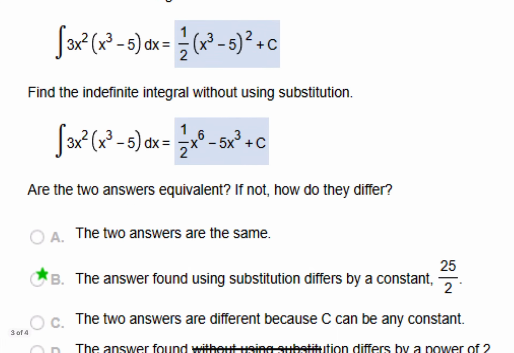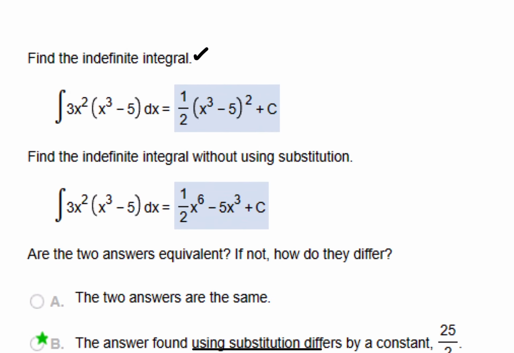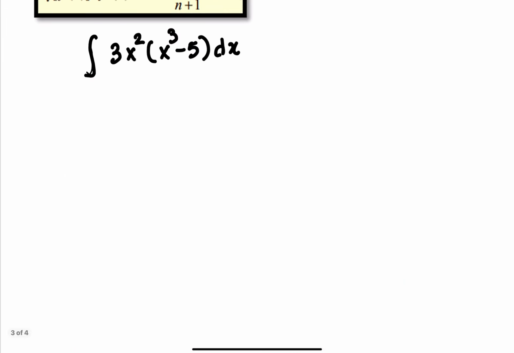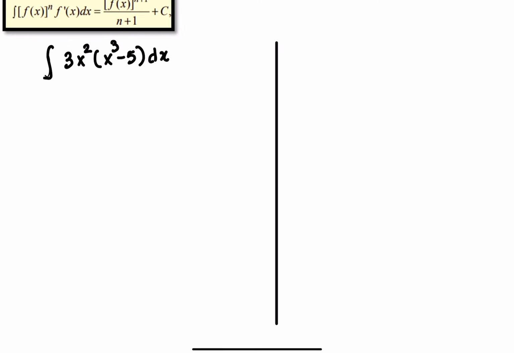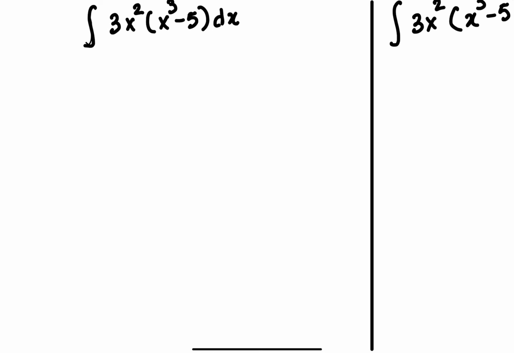Here, they're asking us to work this integral with and without substitution. So I'm going to divide this into two parts, and do two different integrals so you can see what is going on. First, I'm going to do it without substitution.